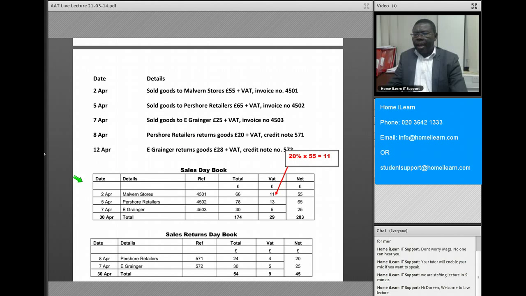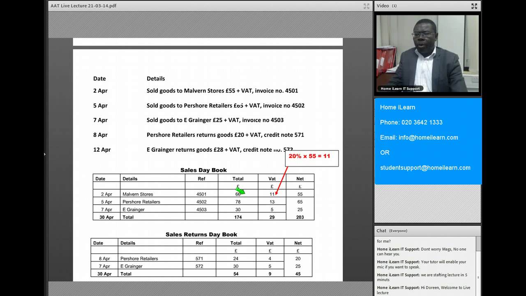You can see that on the 2nd of April, we have here Marvin stores. The invoice number is given to you here. Now, the amount of the invoice is £55, and we need to calculate VAT, and that VAT is shown here. That is 20% of 55, which is £11. So we add 11 to the 55 to get a total.